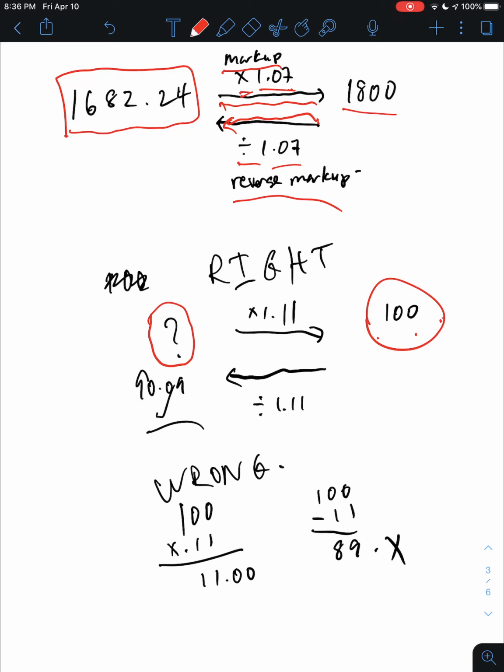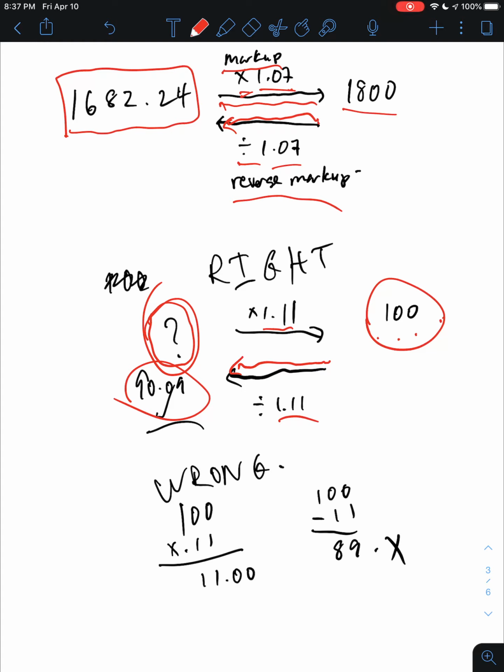When I multiply that unknown amount by 1.11 to get my markup, it should be at most $100. So to figure out what this number is, I'm going to reverse that process, do a reverse markup, divide by 1.11, and I get $90.09.